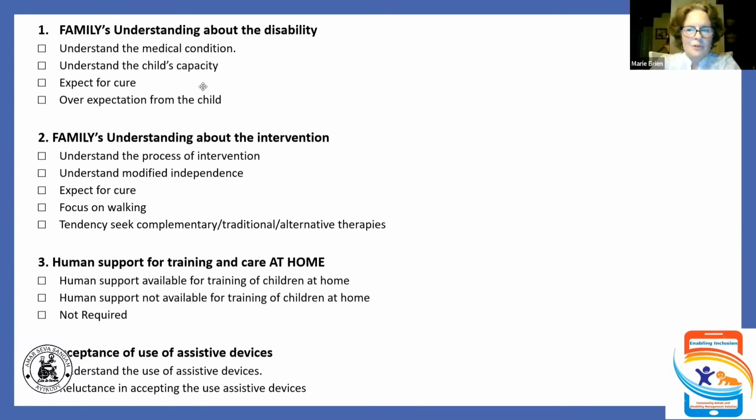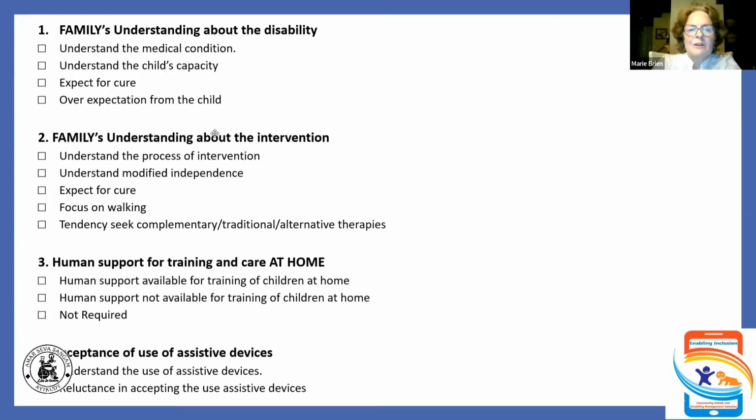Some of the options within the app are that they understand the medical condition, they understand the child's capacity, they expect a cure, or they have over expectations from the child. So any of these are options that we may be able to indicate within the app.